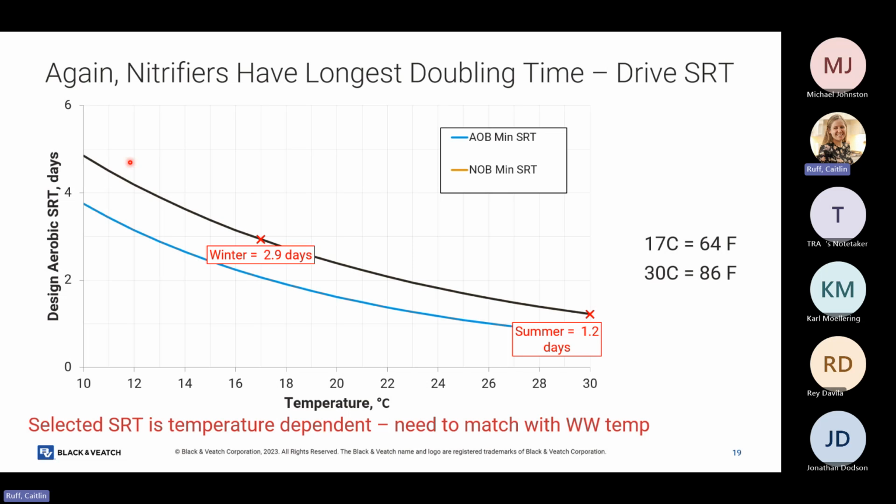Up north, they might actually have a summer versus winter SRT condition. When they start getting into those colder months, they might move into higher SRTs to make sure they're maintaining their minimum plus their safety factor. But in Texas, we really don't see that much of a change between summer and winter.